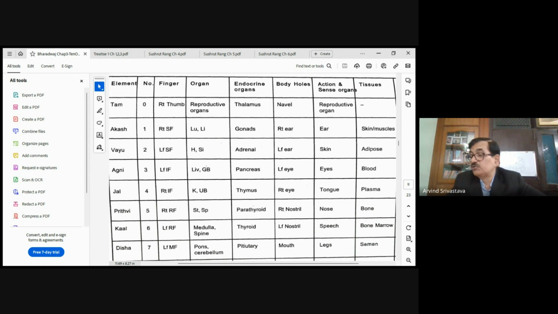Thyroid is also doing the same. From after birth up to the development process, the thyroid gland is very responsible. That's why it has been associated with Kal.